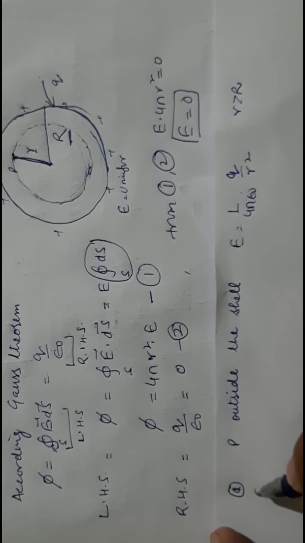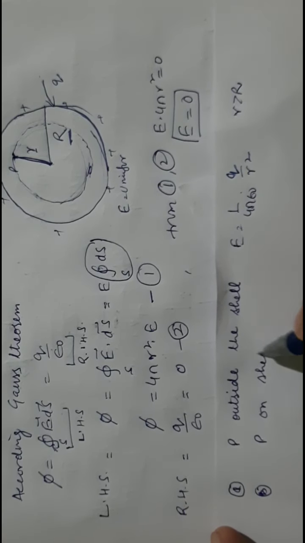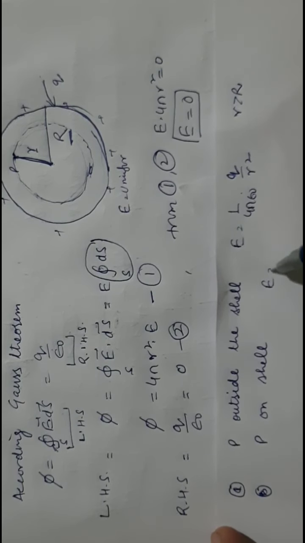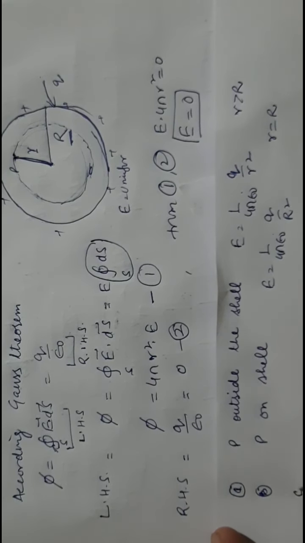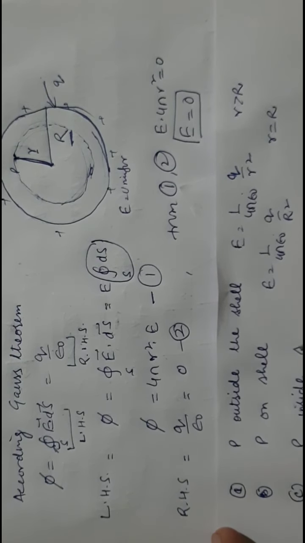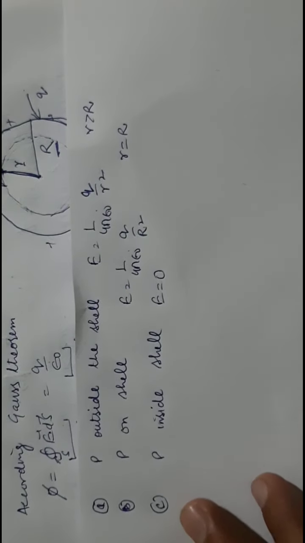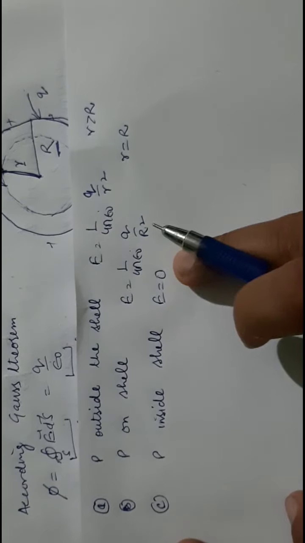In the second case, point P is on the shell, and the electric field is equal to 1 upon 4 pi epsilon naught, Q by capital R square, where r is equal to capital R. In the third case, when P is inside the shell, the electric field is equal to 0.